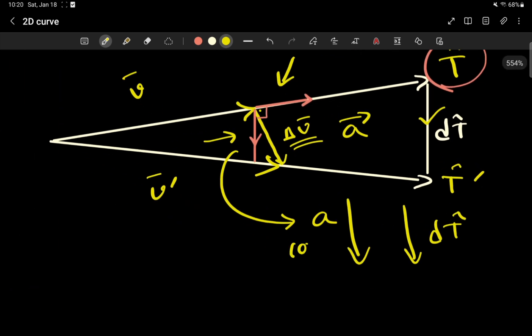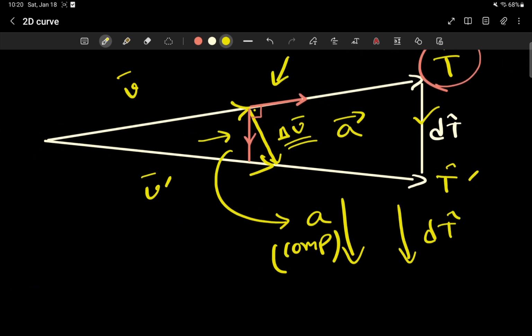So component. Okay, so let's go to another section. Now, as we define and as we know, the curve is this, and as we know that t vector is here and the change in t vector must be in this direction.